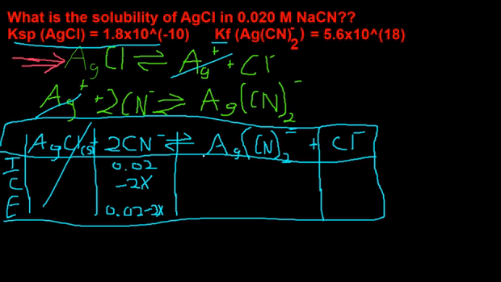Our Ag(CN)2 starts out at 0, and so does the chloride, and then we get x and x.